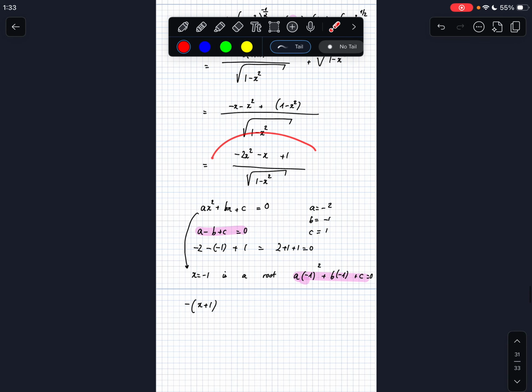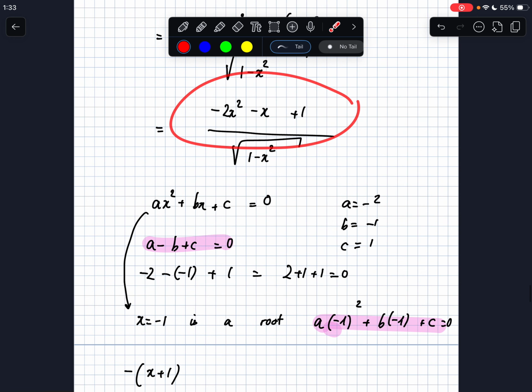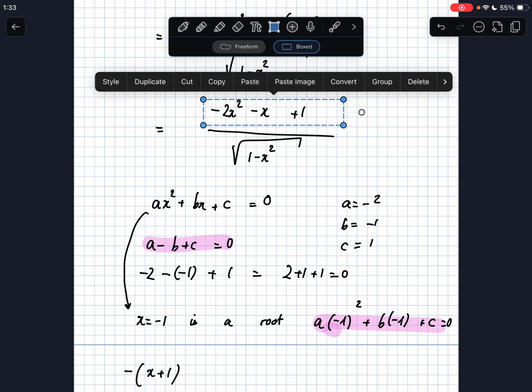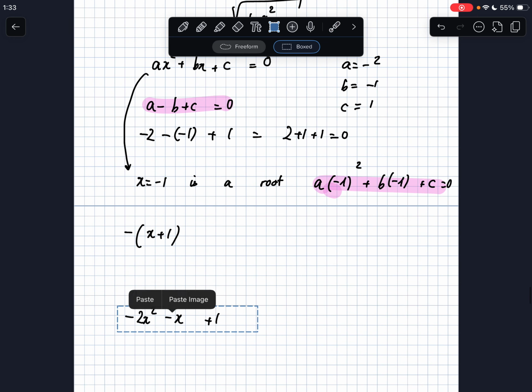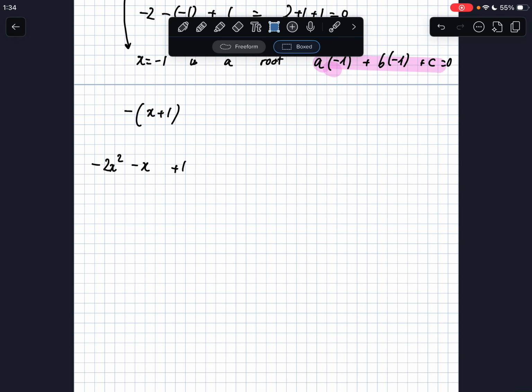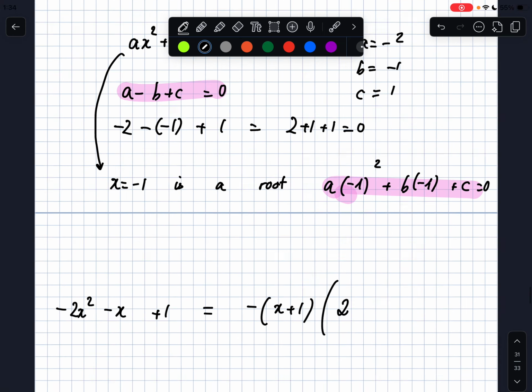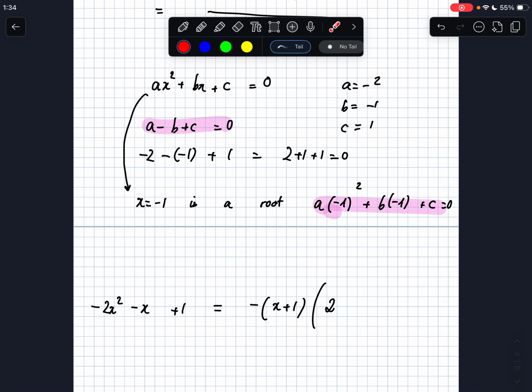So this one now becomes minus this one times what? For two solutions, the product of the roots x1 times x2 equals c over a. c is 1, a is minus 2, so minus 1 half.